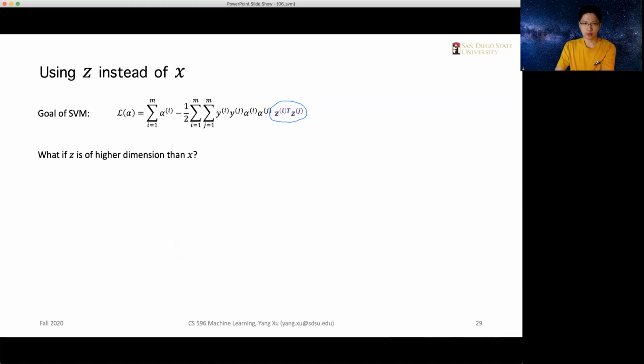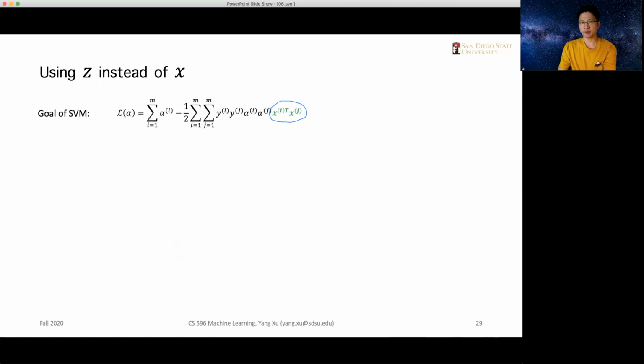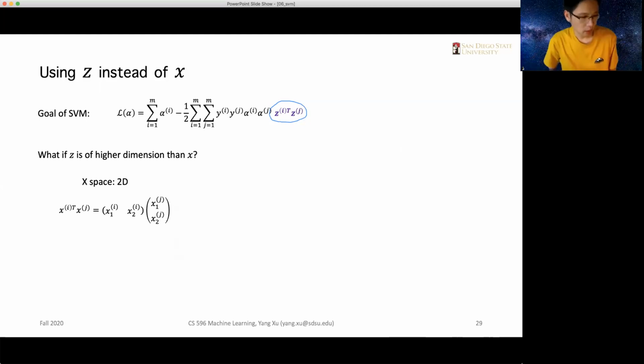It could be of higher dimension. The z space can be of higher dimension than x. Although in the previous example we showed that z and x are of the same dimension, z actually can be of higher dimension. For example, in the 2D space, originally the dot product between two 2D vectors is like this, right?